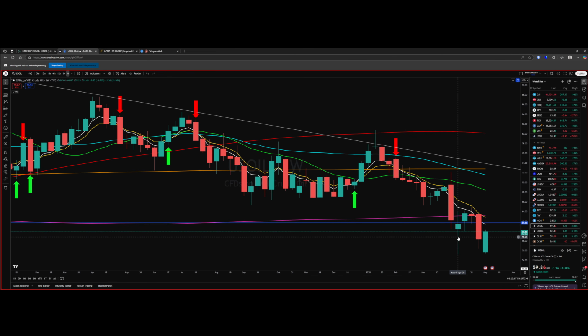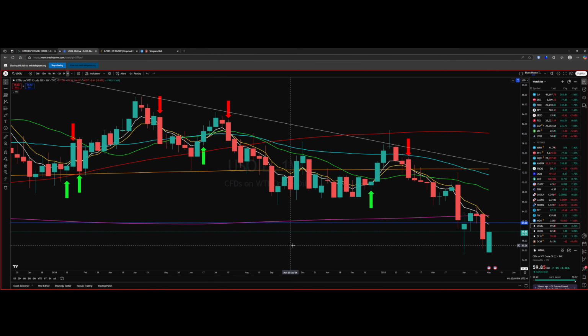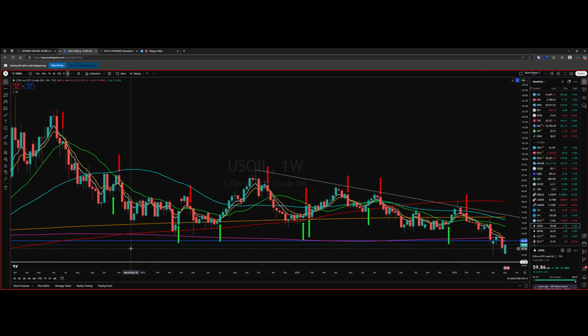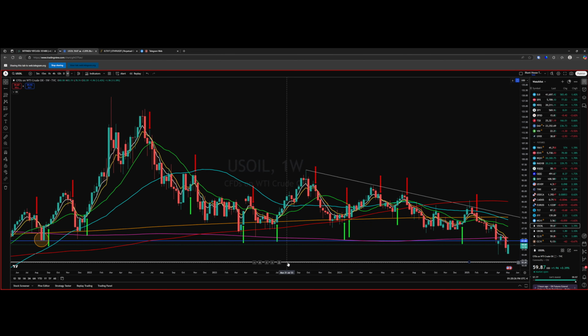The response, sideways, basically back to the 5 EMA, or look at it as you fail the 500 weekly. The following candle completely capitulates, and this one just doesn't have enough so far to get us back up there. So I'm more inclined to say this 51 level is a possibility than 65 or 67.